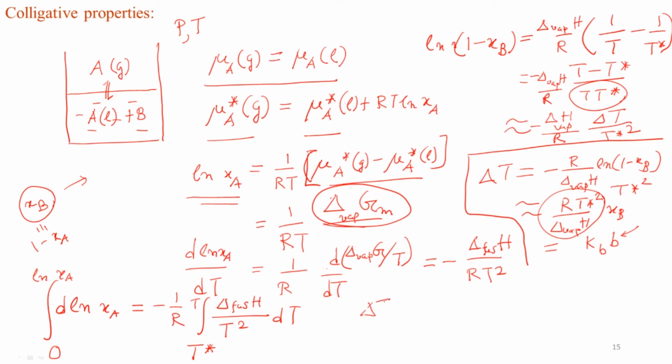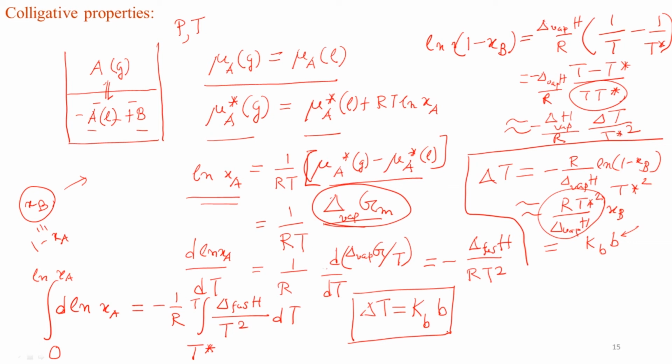So the delta T ultimately can be written as a constant, which is basically a rearrangement of all the constants times the molality.